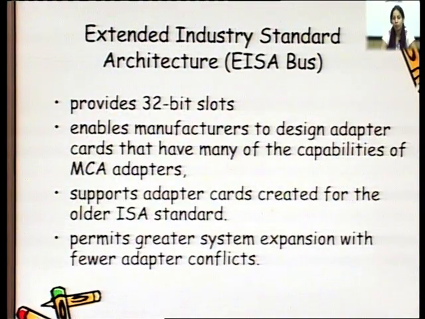These are the features: it provides 32-bit slots, enables manufacturers to design adapter cards that have many of the capabilities of MCA adapters, supports adapter cards created for the older ISA standard, and permits greater system expansion with fewer adapter conflicts.